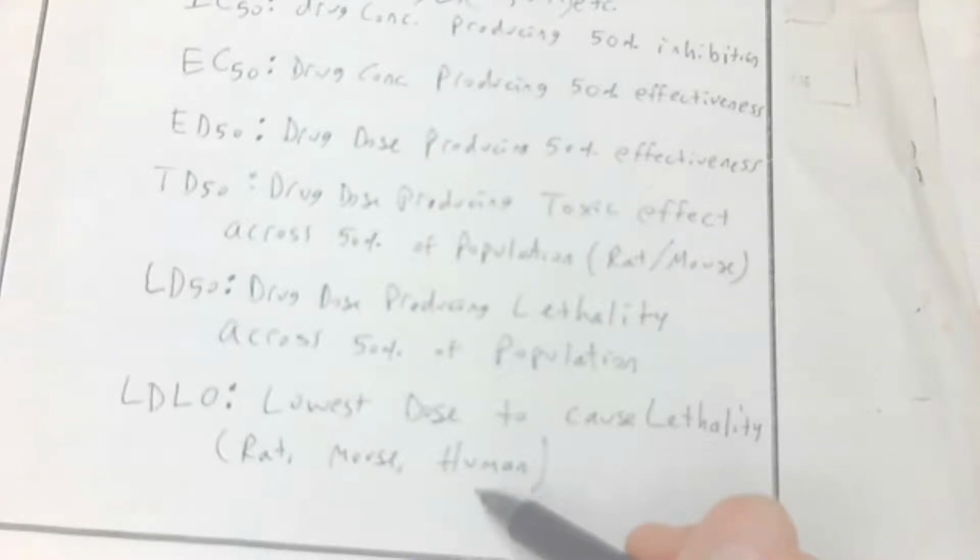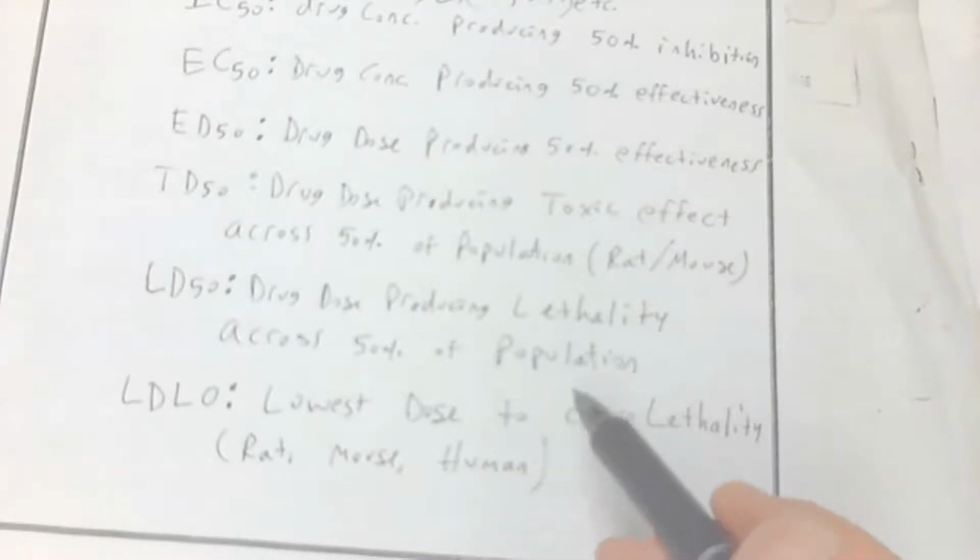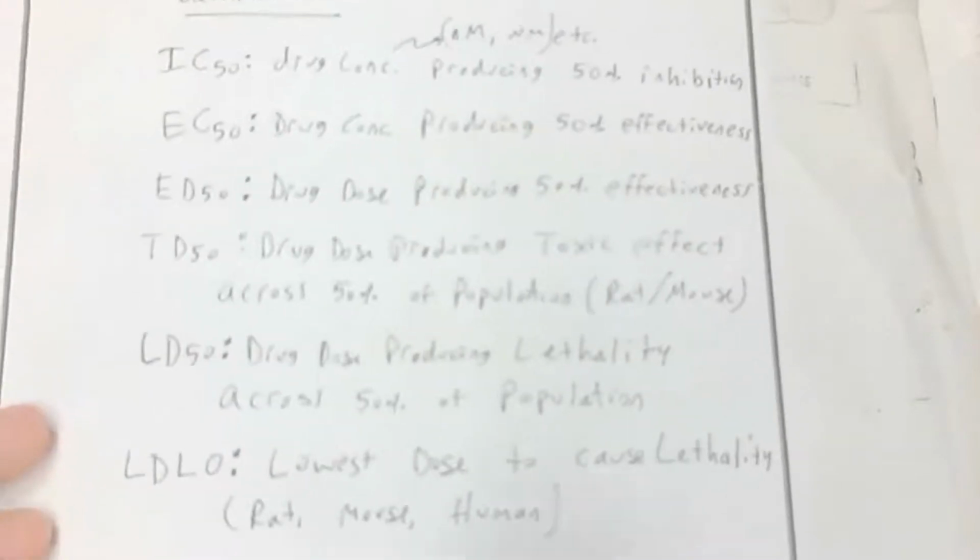And so having a nice separation between an effective dose versus a lethal dose or a lowest lethal dose is desired. Okay. All right, so let's keep going. And we talked about this before. Let's actually show how IC50 relates to drug concentration and inhibition. I think we plotted this curve before. Let's do it again.